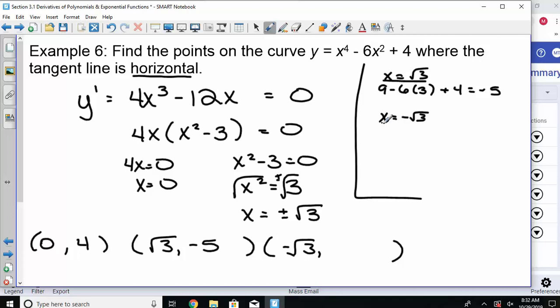If you put in a negative radical 3, a negative to the 4th is still positive 9, and a negative squared is still positive 3. So we again get negative 5. So those are the 3 times that this curve had a horizontal tangent.